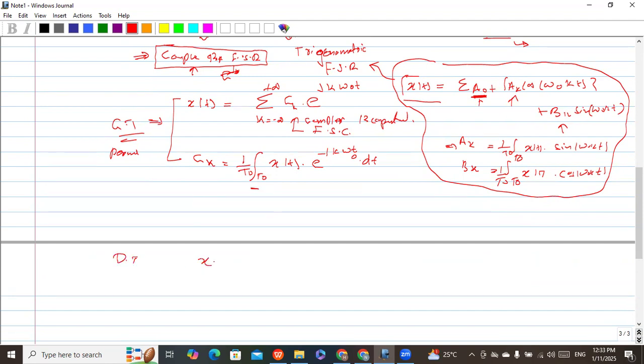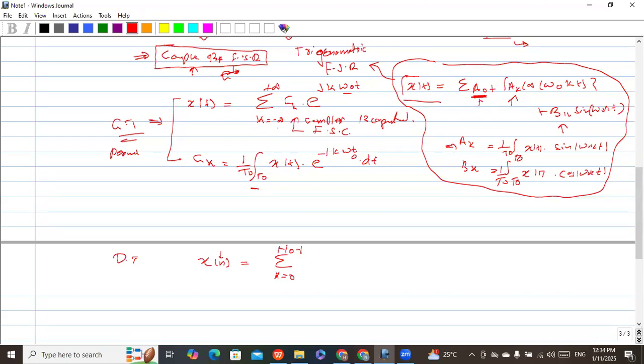Any discrete time signal we normally represent as x[n], where n is the sample number, as you already know. x[n] is a collection of complex exponential terms, but this time the addition is not from minus infinity to plus infinity. The addition will be k from 0 to N naught minus 1, where N naught is the period.